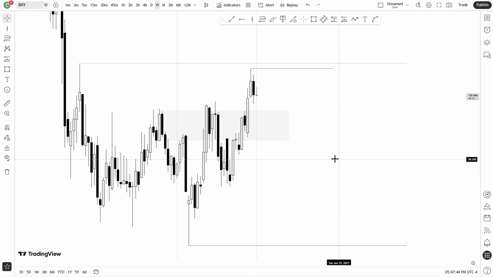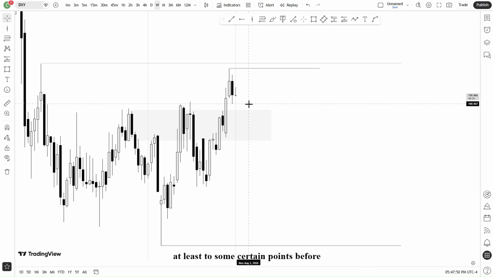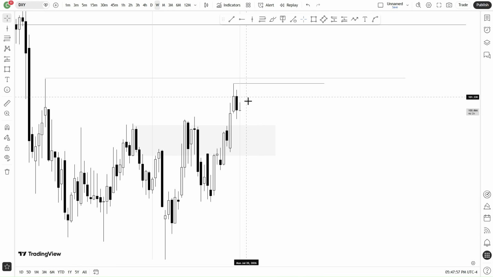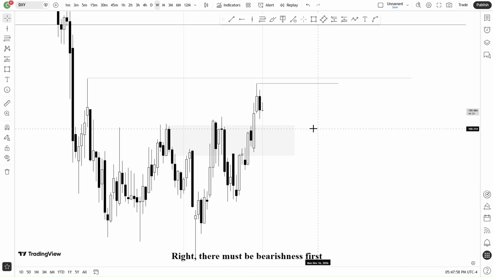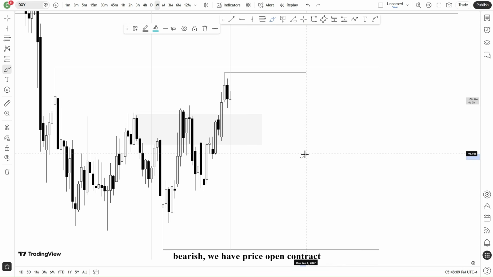But for me to anticipate a bearish range, I have to be first bullish, at least to some certain point before I start looking for bearishness, because for every bearish range there must be bullishness first. If you are to be bearish, we have price open, protract higher, then bearishness.